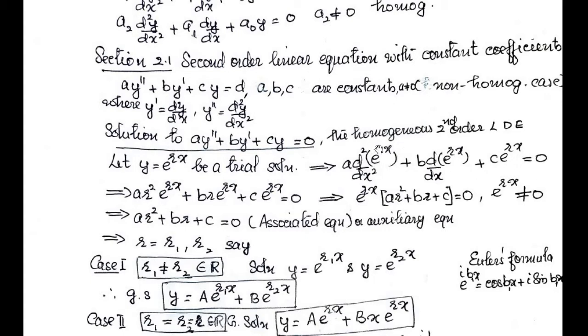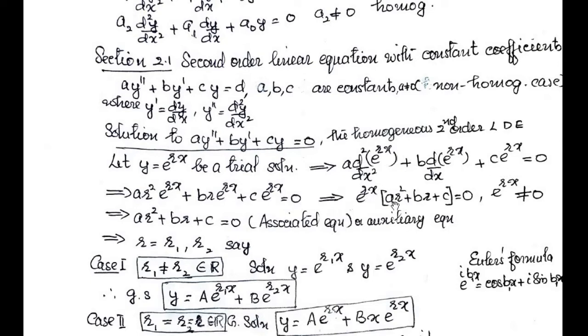So the second derivative of e raised to rx is r square e raised to rx. Here a is already there, plus b into r e raised to rx plus c e raised to rx equal to 0, which implies e raised to rx is the common factor.